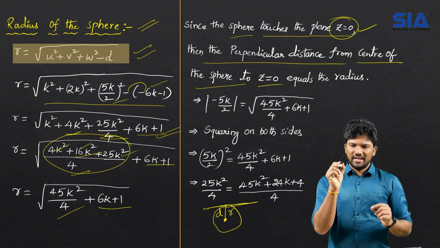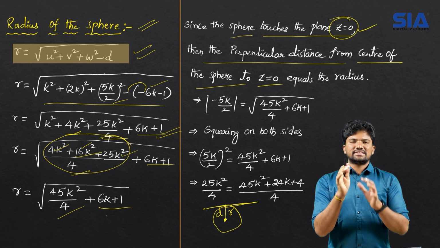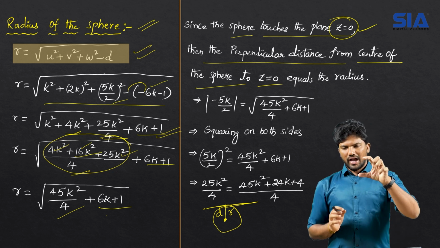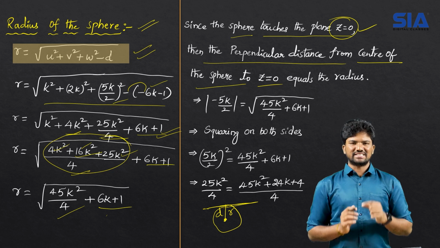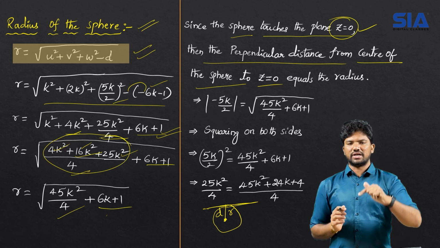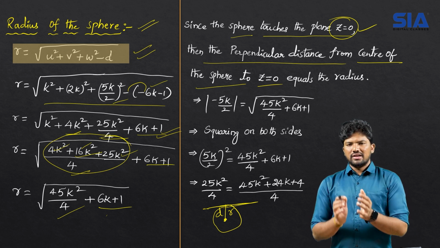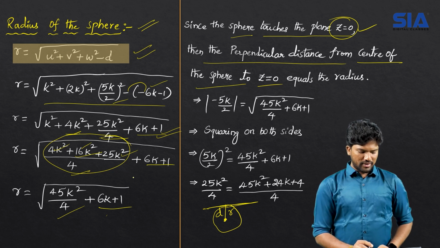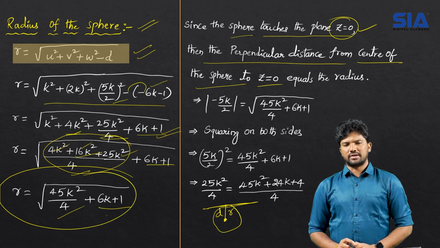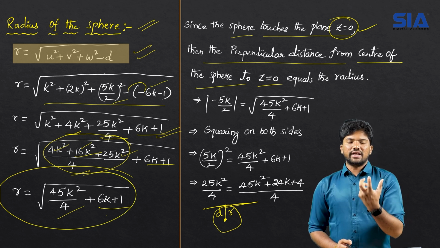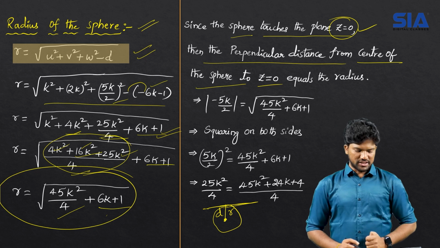Whenever any line or any plane touches the sphere or circle, you have to take the perpendicular distance from the center of the circle or center of the sphere to the line or plane. So you know very well, the radius we already have the formula, this is the radius of the sphere. Okay, but what is the formula for the perpendicular distance?